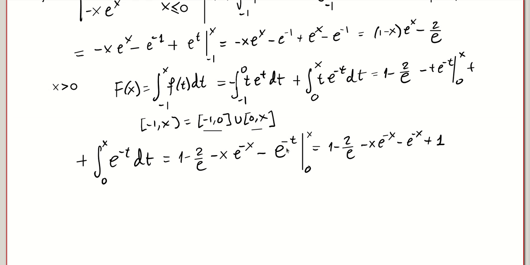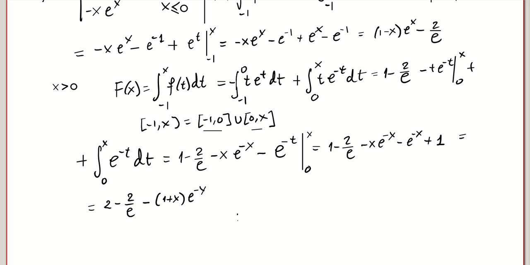Because when you substitute here at 0, then you have 1, but you're subtracting, so with this minus, it makes a plus. So finally, in this region, what we have is 2 minus 2 over e minus 1 plus x times e^(-x). All right.